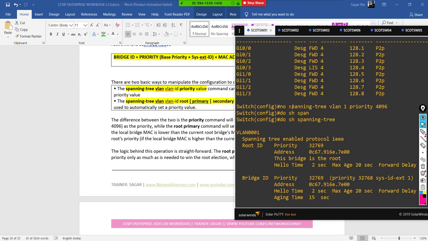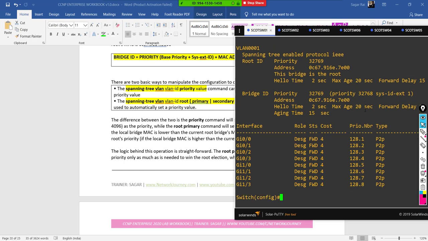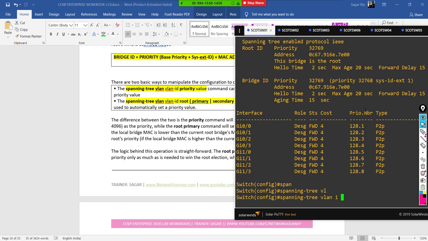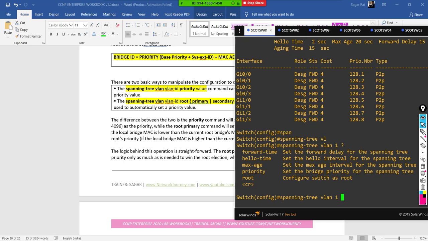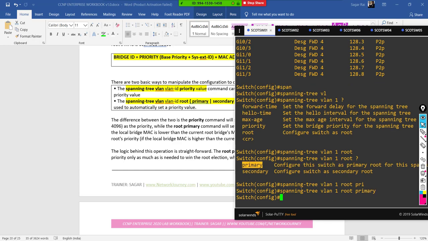So I want to show you one more way of changing the priority, that is by setting it primary. Let's say I use spanning tree VLAN 1, and instead of priority, I take the root command and set it primary. Okay, so what happens?